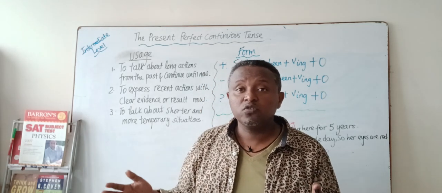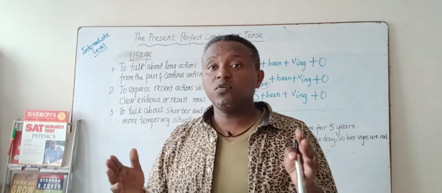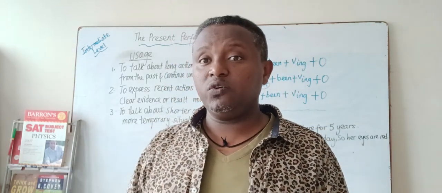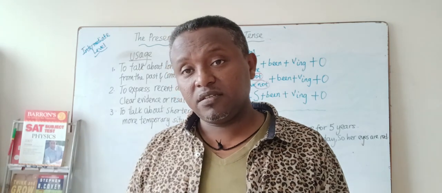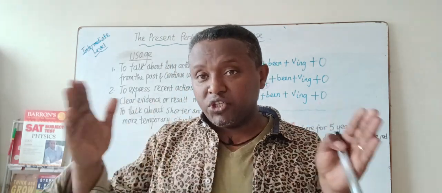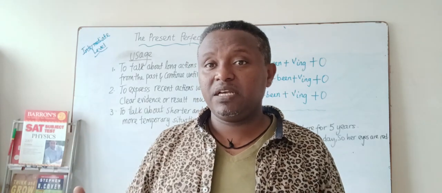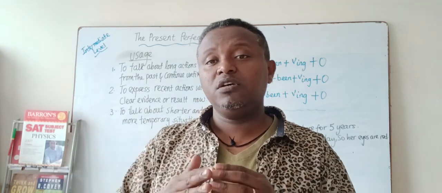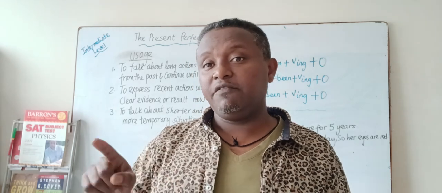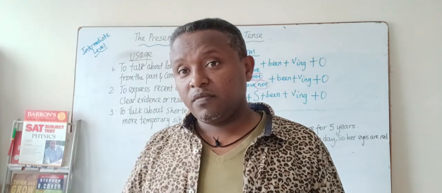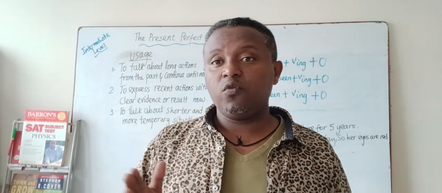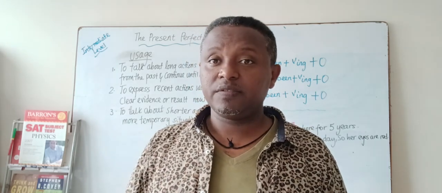Okay, so if your emphasis is on the effect, you better use the present perfect structure. If your emphasis is about duration or the length of time that it has taken, you better use the present perfect continuous. I have been waiting for 5 hours. Okay, I have waited for 5 hours.